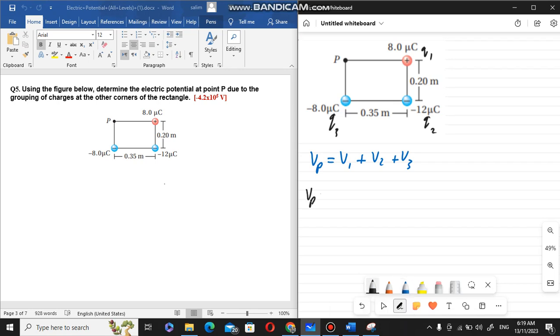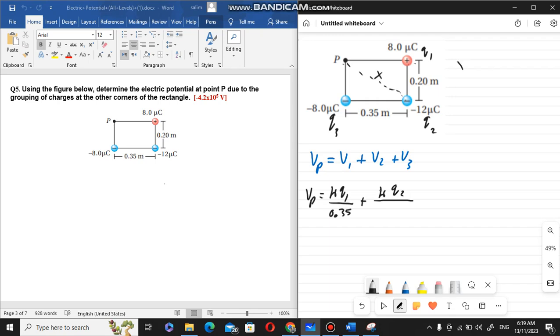So we say that Vp is equal to K Q1 over the distance from Q1 to point P, which is 0.35, since it is a rectangle, plus V2, which is K times Q2 over the distance from Q2 to point P. Let's call it X.